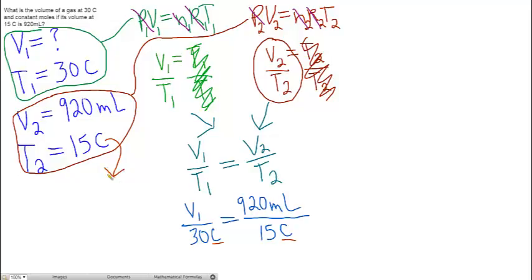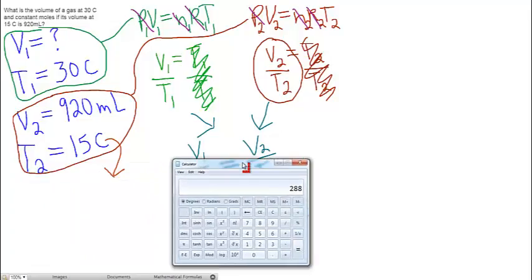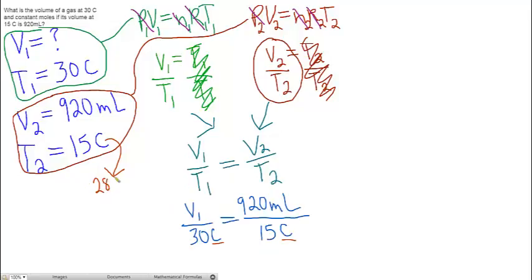If I convert Celsius to Kelvin, that's going to be Celsius 15 plus 273 equals. My Kelvin temperature here will be 288. I also want to convert this one to Kelvin.